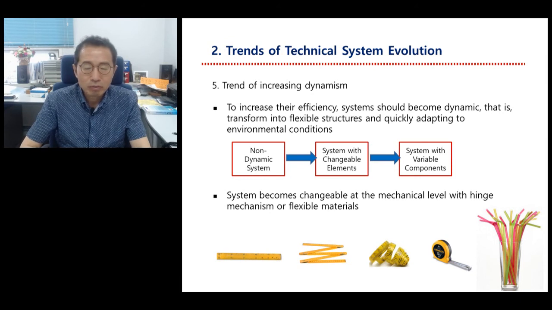As we can see in the picture, the ruler which measures length was initially a long bamboo form, but developed into a form that could be folded with hinges, and then into a form that could be rolled up using flexible materials. The same with the straw. The straw was first straight, but it developed into a comfortable bend.